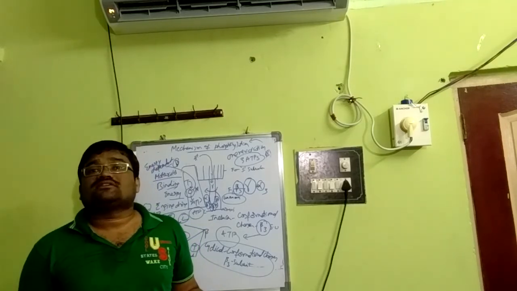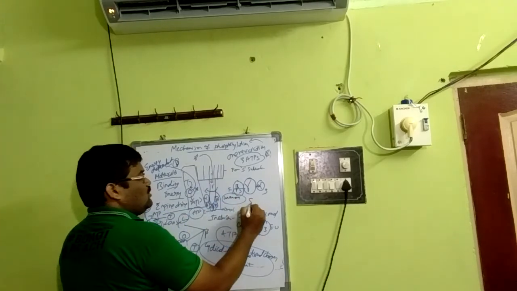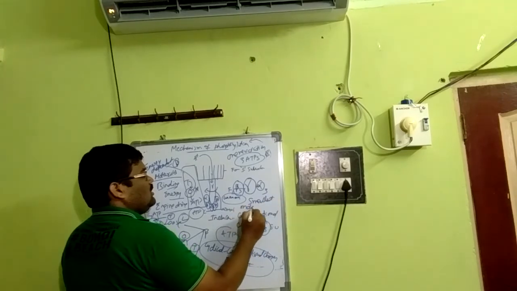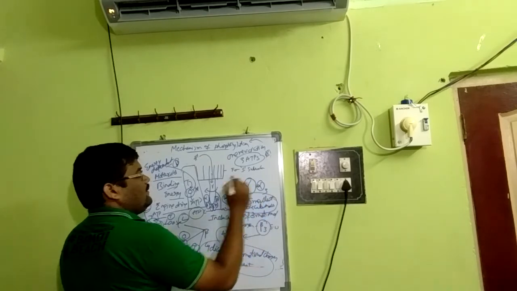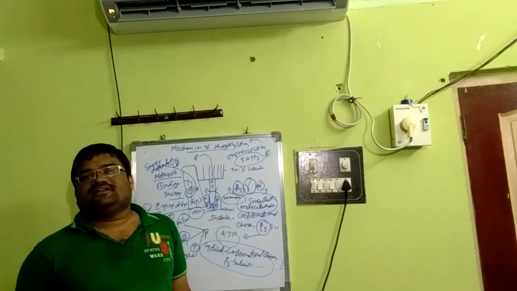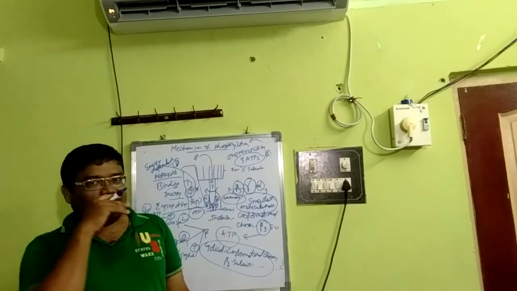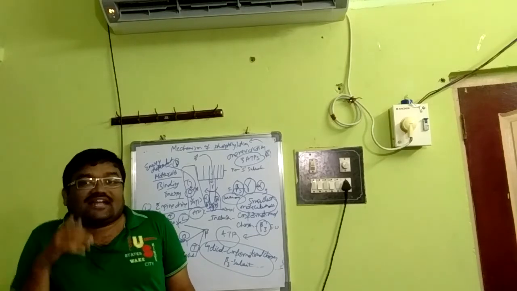ATP synthase is called the smallest molecular motor. This is called the world's smallest molecular motor. This is about the energy driving phenomenon, engine driving. Engine drive means a proton drives the engine.